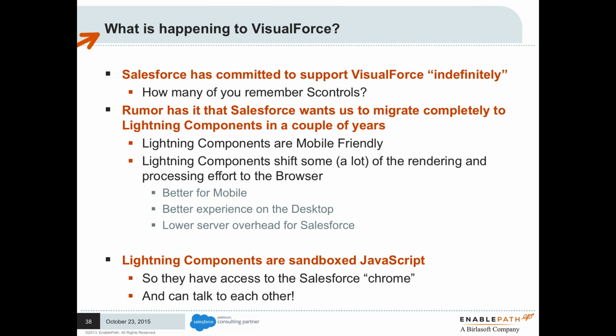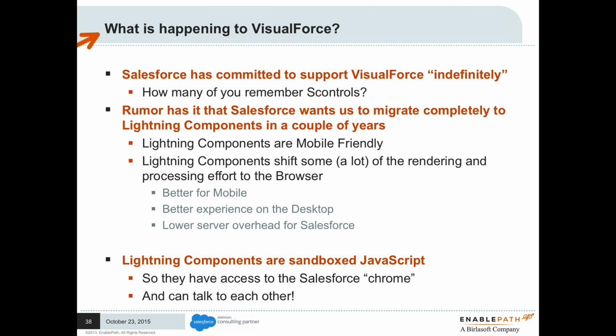They shift some or a lot of the rendering and processing effort to the browser. What that means is that it's a better experience for mobile because a lot of the data processing will be done locally on the mobile device without requiring online access. Better experience for the desktop because Lightning components can talk to each other and are more encapsulated, so you can have more powerful components that do more things without having to worry about conflicts between components.